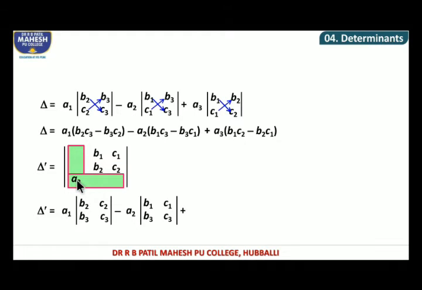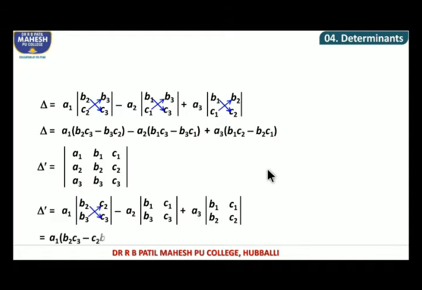For the third element, we have the sign plus, a3 into the determinant b1, c1, b2, c2. Simplify this: a1 into the bracket of b2, c3 minus c2, b3. Next, minus a2 into the bracket of b1, c3 minus b3, c1, plus a3 into the bracket of b1, c2 minus b2, c1. So it is the value of delta dash.